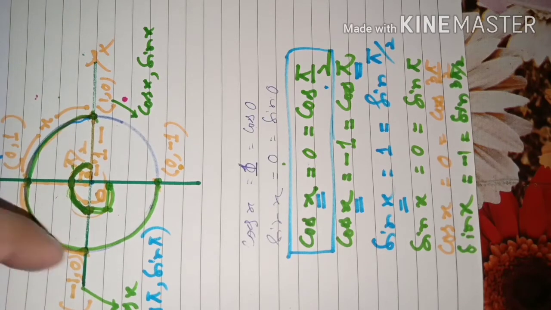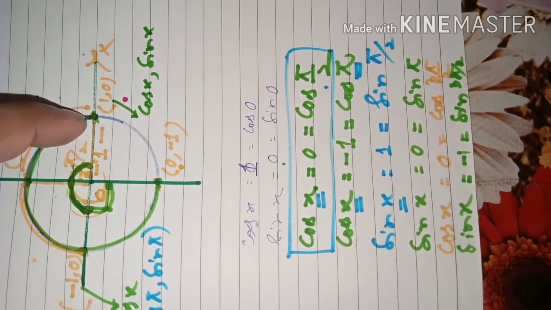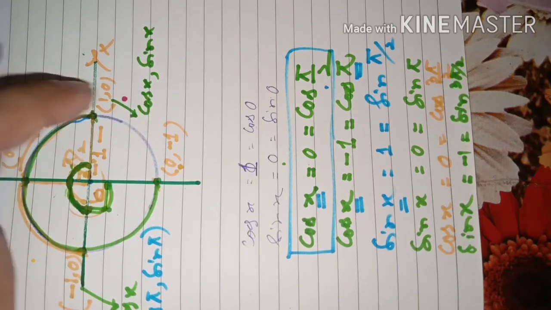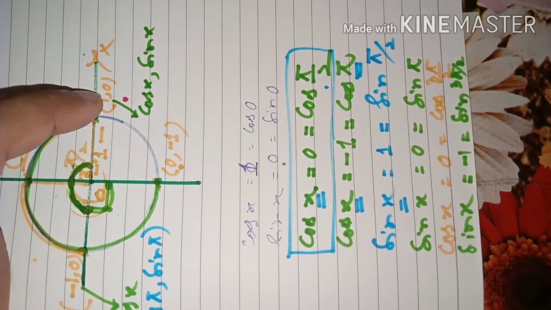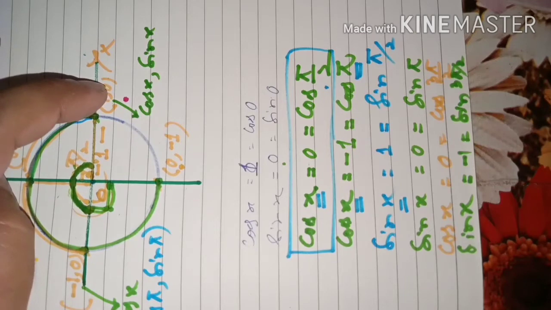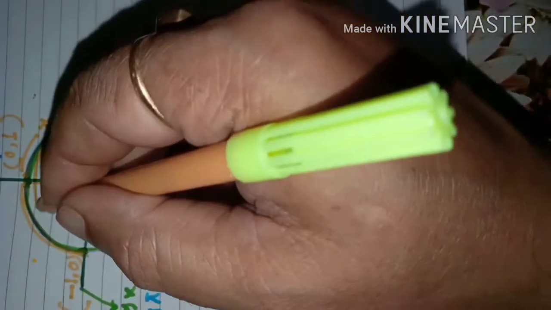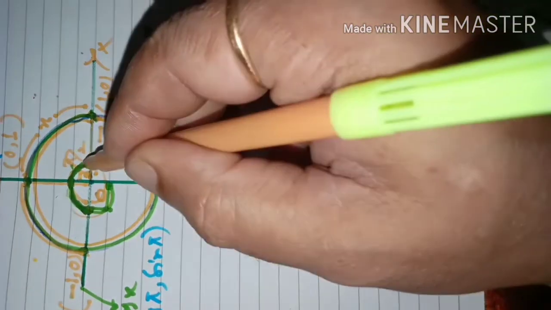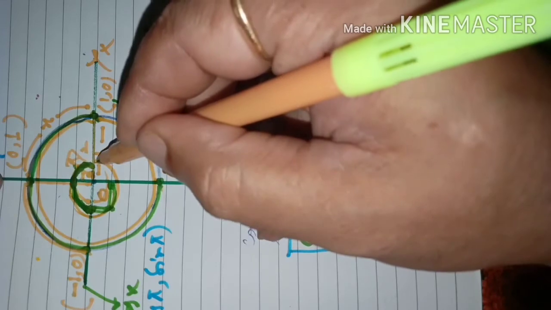When the angle is completed, twice pi, then cos x is what? 1, and sin x is what? 0. That means when we consider this whole circle, what angle does it subtend at the center?